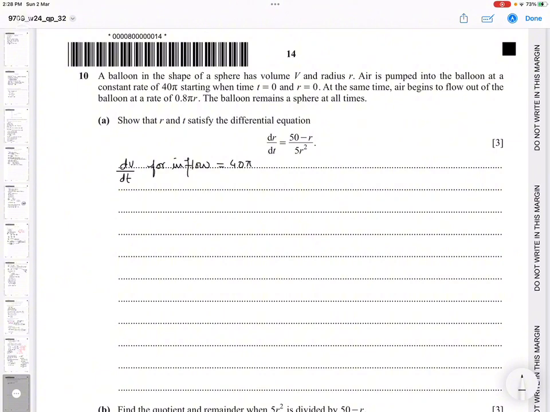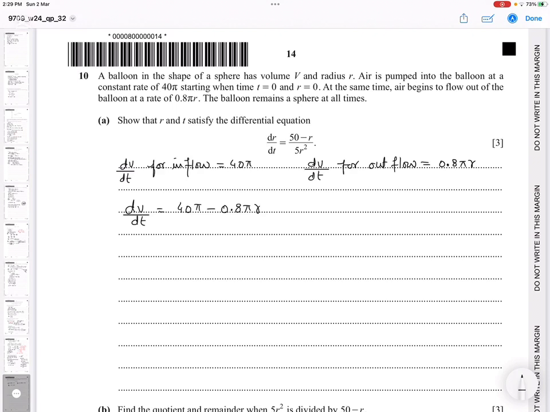Actually this is rate. dV over dt for outflow, this is also given, 0.8 pi r. When air started to pump in, at the same time air started to flow out. So I can take the difference of these two, dV over dt equals 40 pi minus 0.8 pi r.